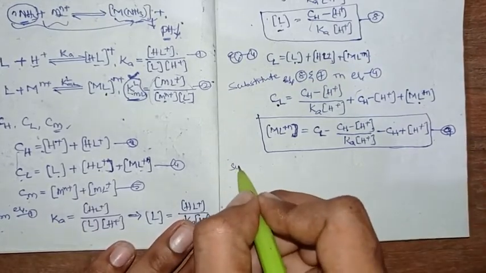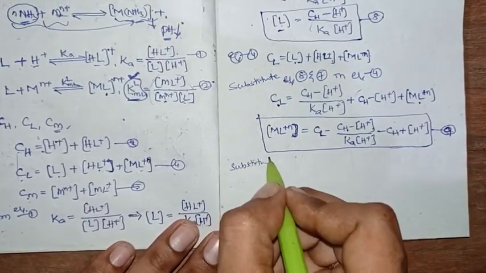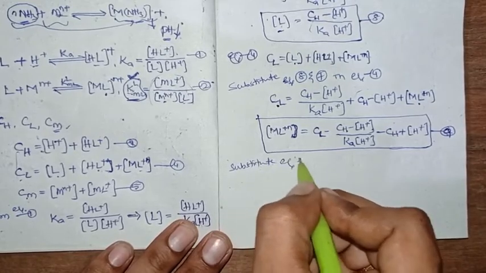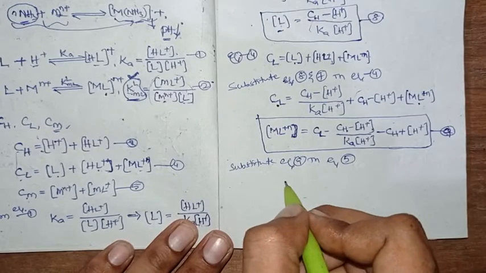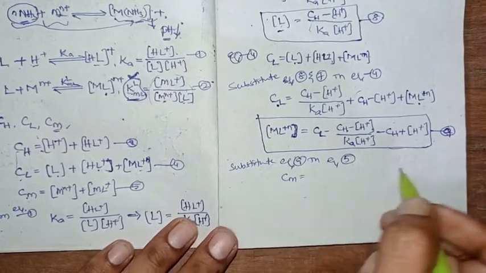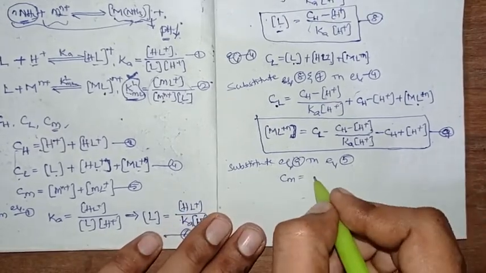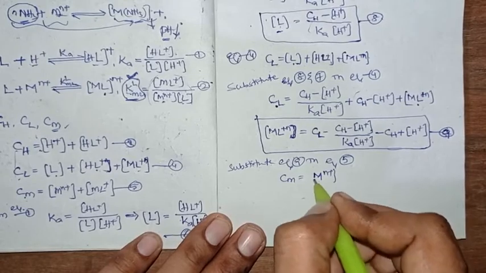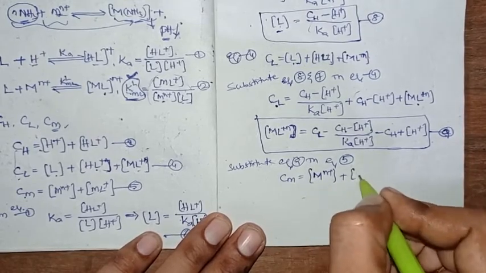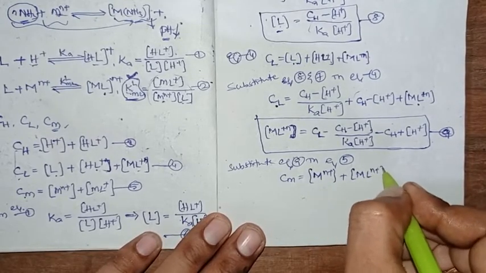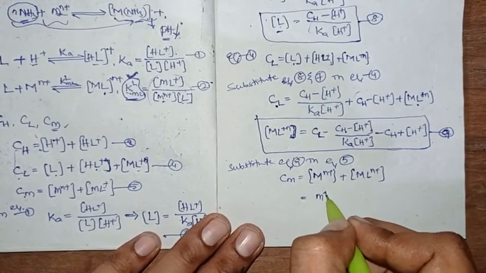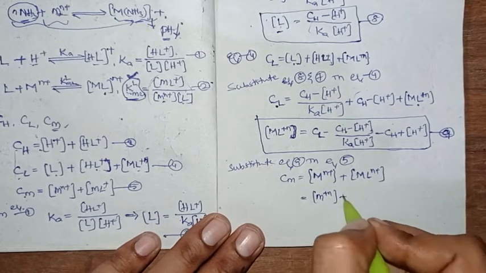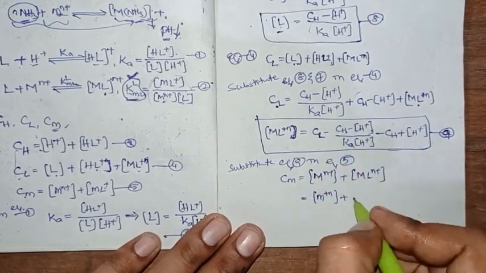Substitute equation number 9 in equation number 5, where the total metal concentration is equal to the remaining metal ion concentration plus the metal complex concentration, where the remaining metal ion concentration plus it equals this all, right?